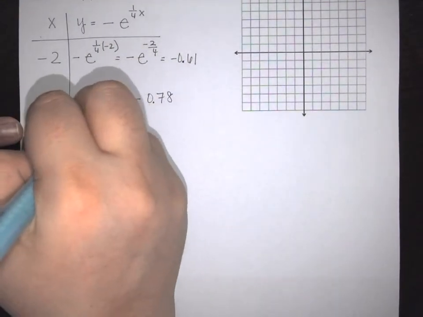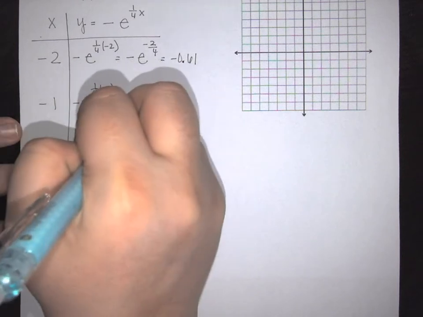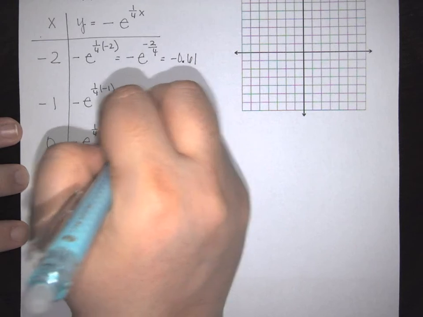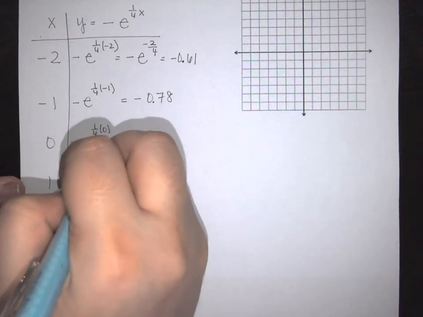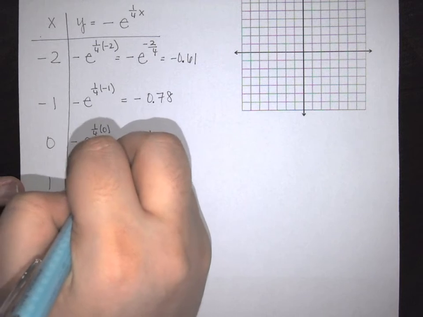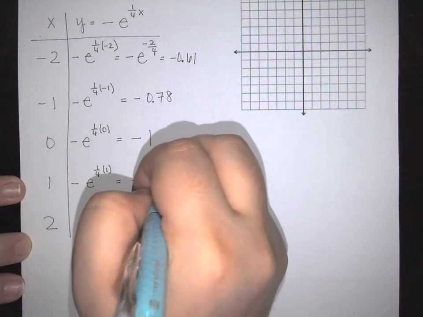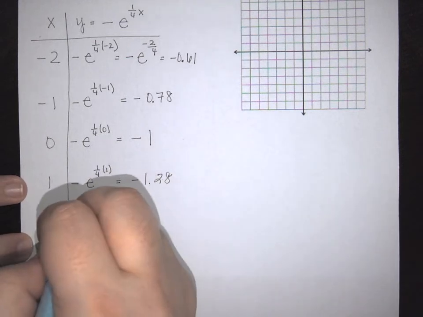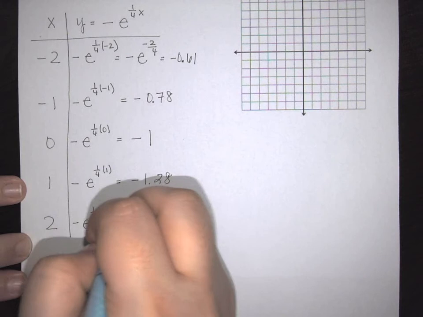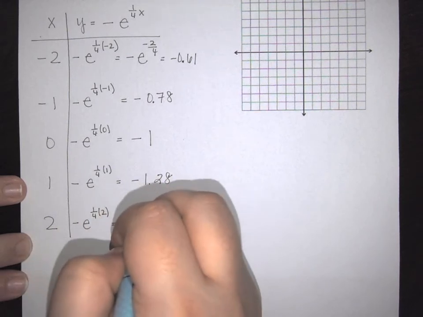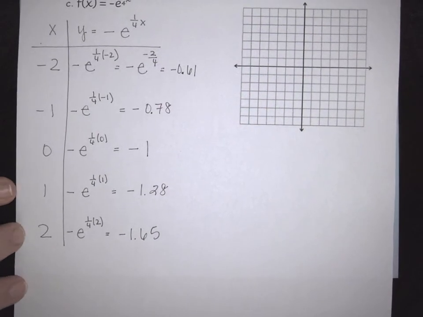Here we would have -e to the 1/4 times 0, which is going to give me a -1. -e to the 1/4 times 1, which is -1.28, and then -e to the 1/4 times 2, which is -1.65.